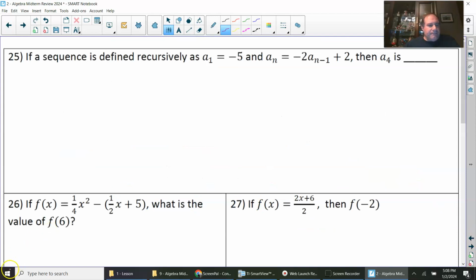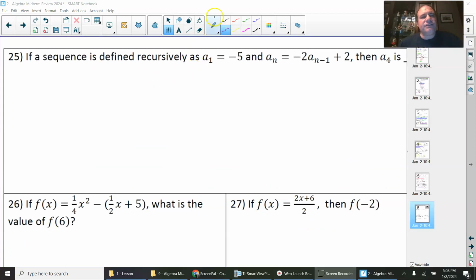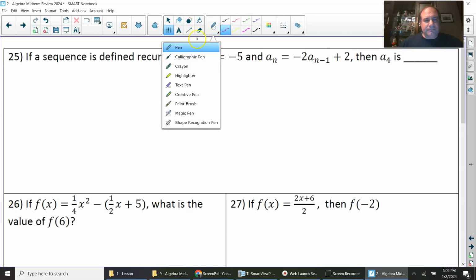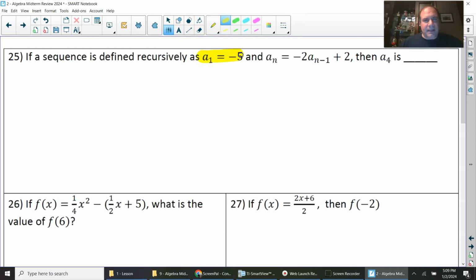All right. We're coming down to the end here, and this is the recursive formula that everybody hates in the sequence. I'm just going to tell you how it is and what it is that you have to do to get this correct. They give you that a sub 1 is negative 5. This is the formula, right?